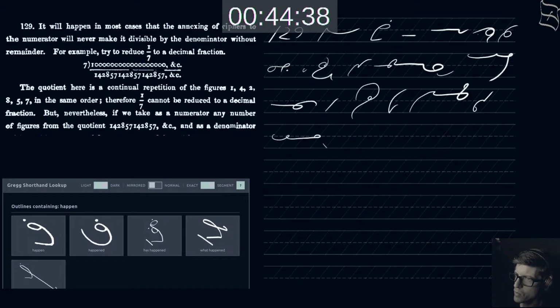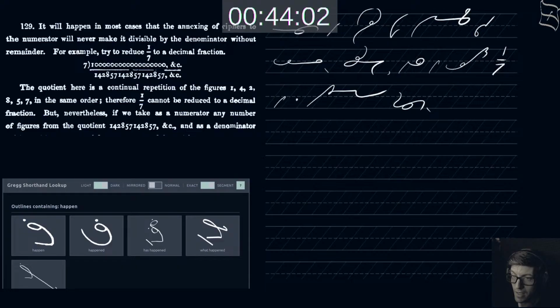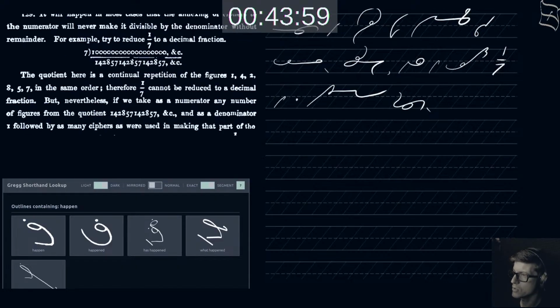For example, try to reduce 1/7 to a decimal fraction. I'm not going to write that out, but if you see the example, you see that it's irreducible. 1/7 has no decimal fraction equivalent, okay?